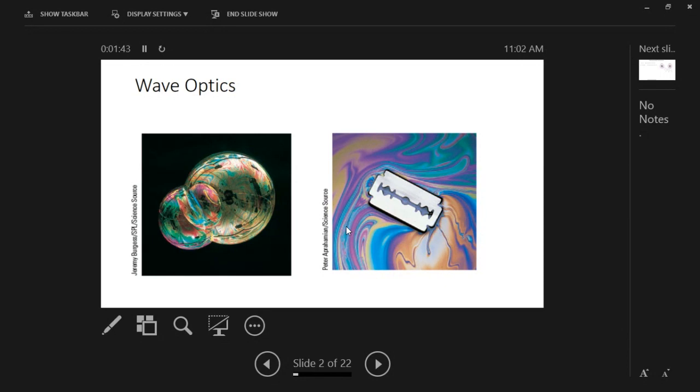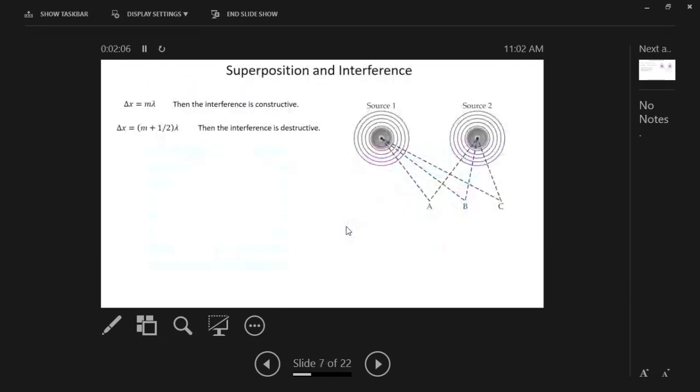Now, in the video you watched before this lecture, I reminded you of some of the things that we saw and learned in Physics 1. We talked about the interference of the waves and what the conditions were to have a constructive or a destructive interference. So let's just look at one of those slides that we had.